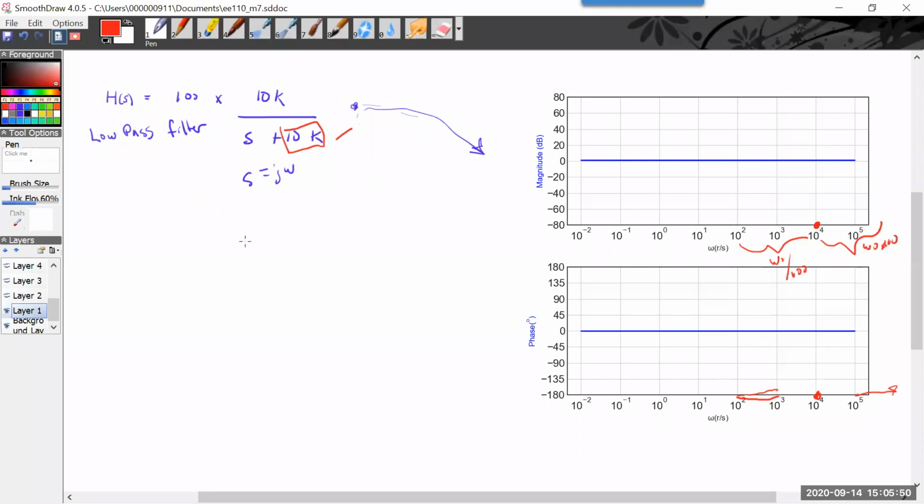And what I mean by that, let me put this generically, is we can have some gain, omega naught, over S plus omega naught. And that omega naught is where the action will be happening.